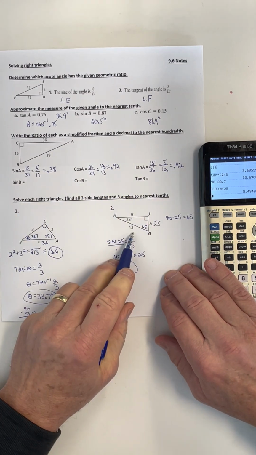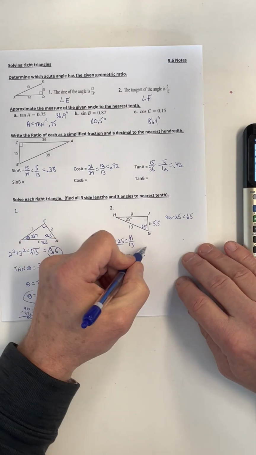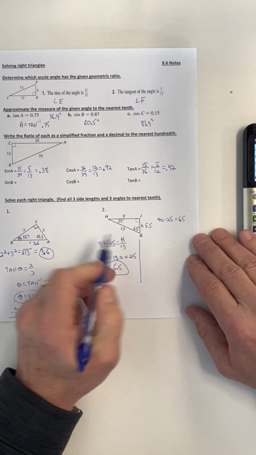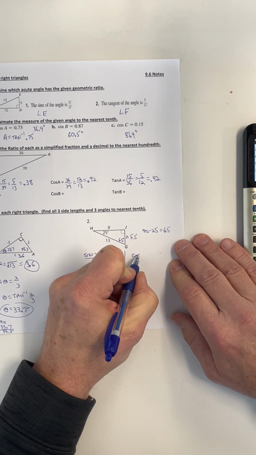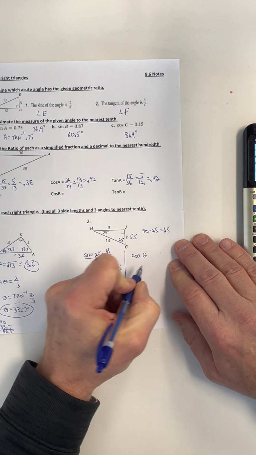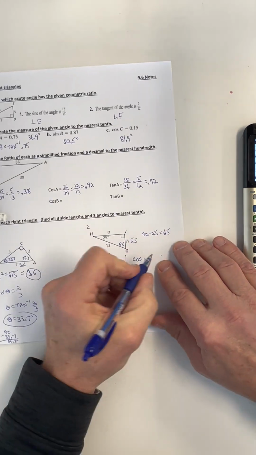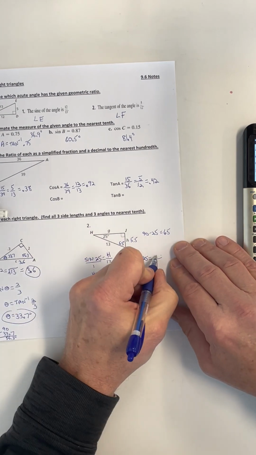Now I need to find the length of G. From this angle, I've got adjacent over hypotenuse. So I go cosine of 25 is equal to G over 13.